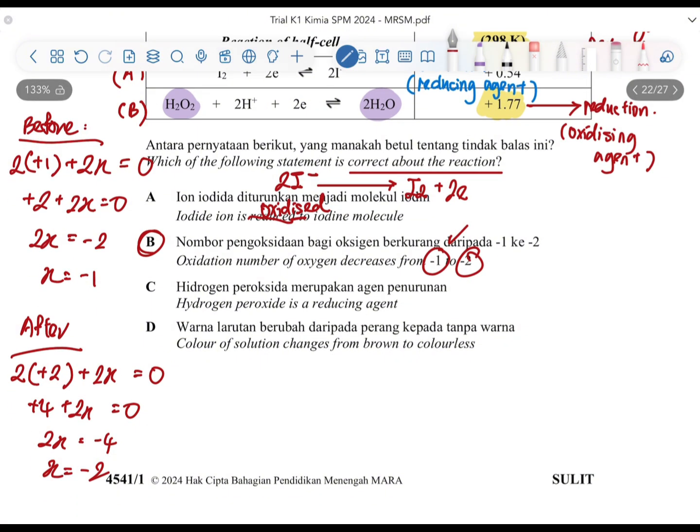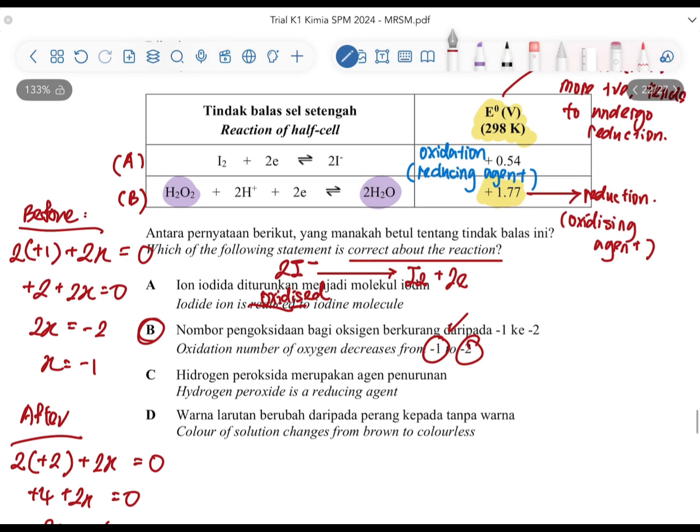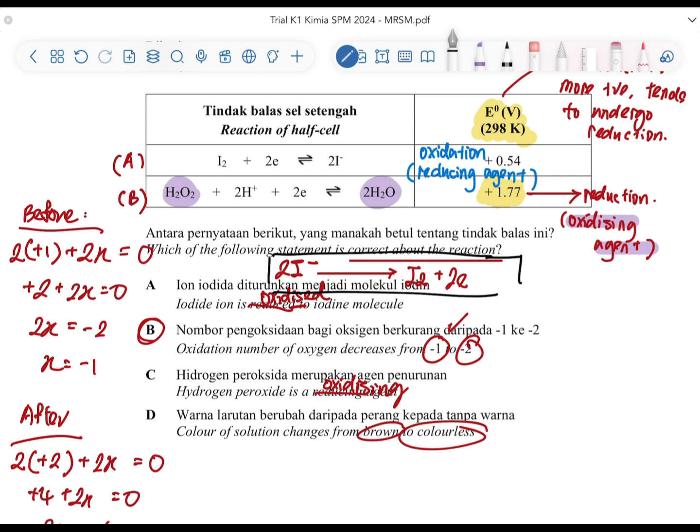But let's continue to look at what is wrong with C and D. So C, the hydrogen peroxide is actually the oxidizing agent, right? As what we already analyzed for the question, so it is an oxidizing agent. So D, color of the solution changed from brown to colorless. But since this is the equation that we write, isn't it? 2I- becomes the I2 and 2e-.